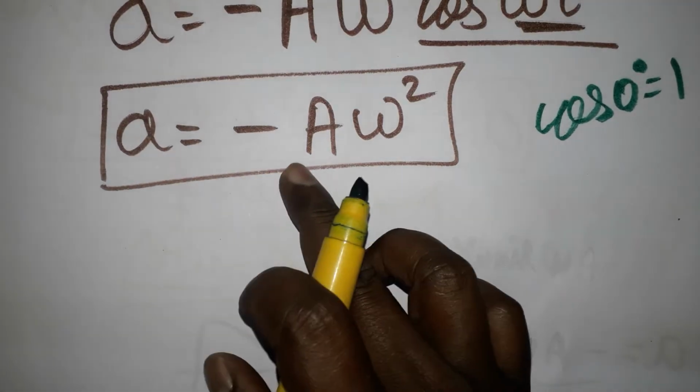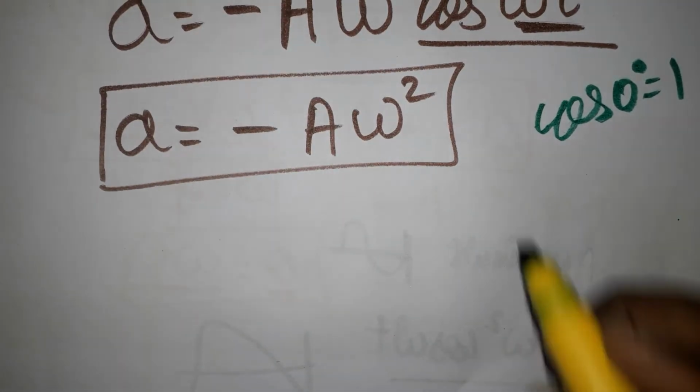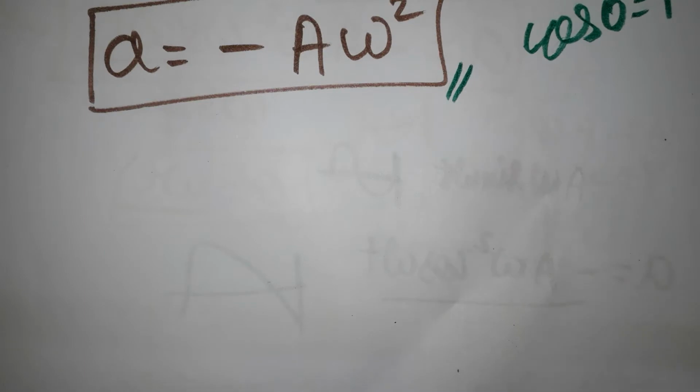So I get a is equal to minus A omega square. So I got the acceleration.